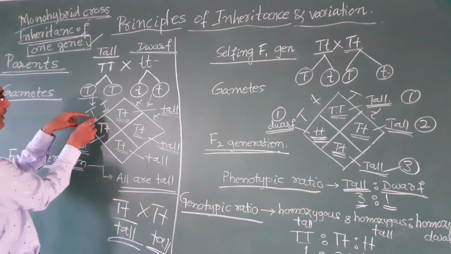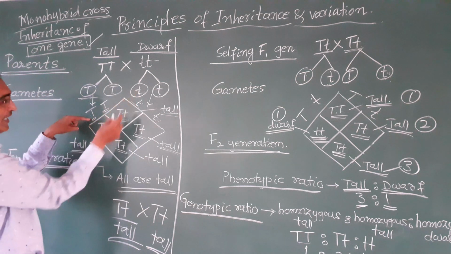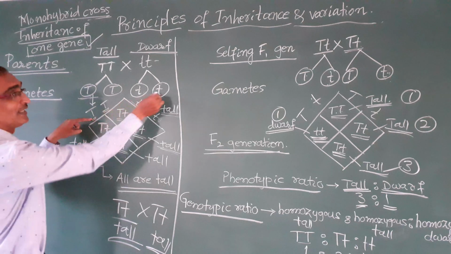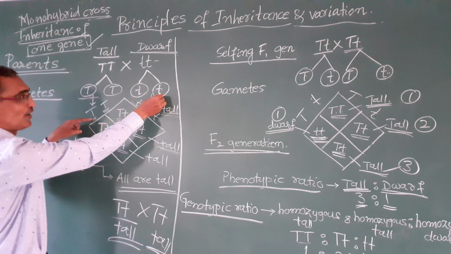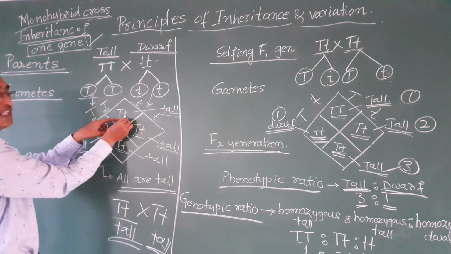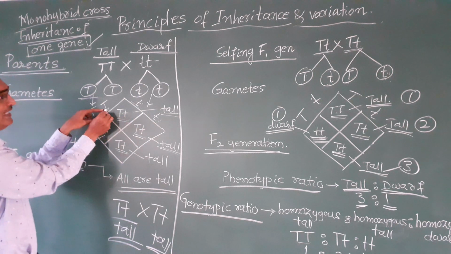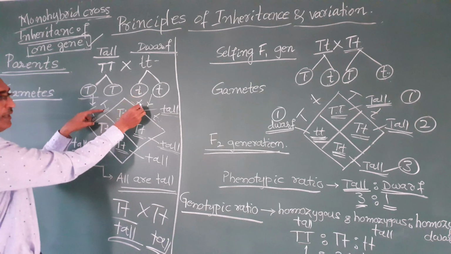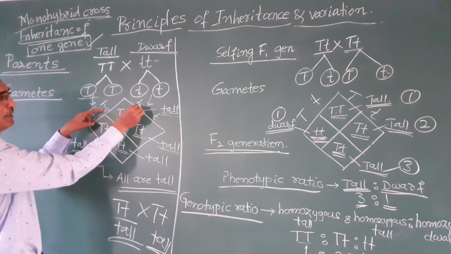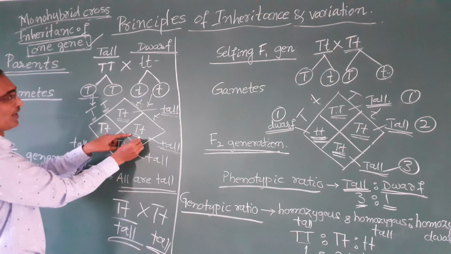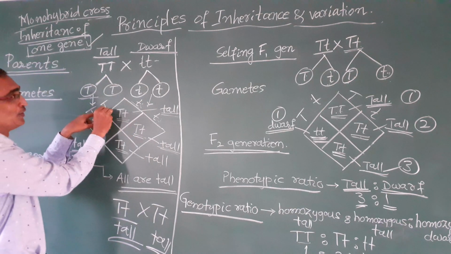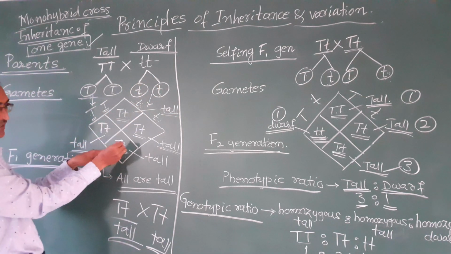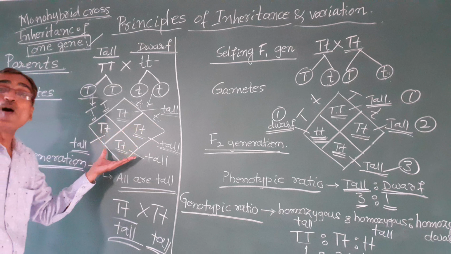This capital T combines with small t, it becomes capital T small t, and this capital T combines with another gamete, small t, it becomes capital T small t. Next, this gamete combines with this t, so that is capital T and small t. Once again, this gamete fuses with another gamete, small t, which results in capital T and small t. These are the offspring.